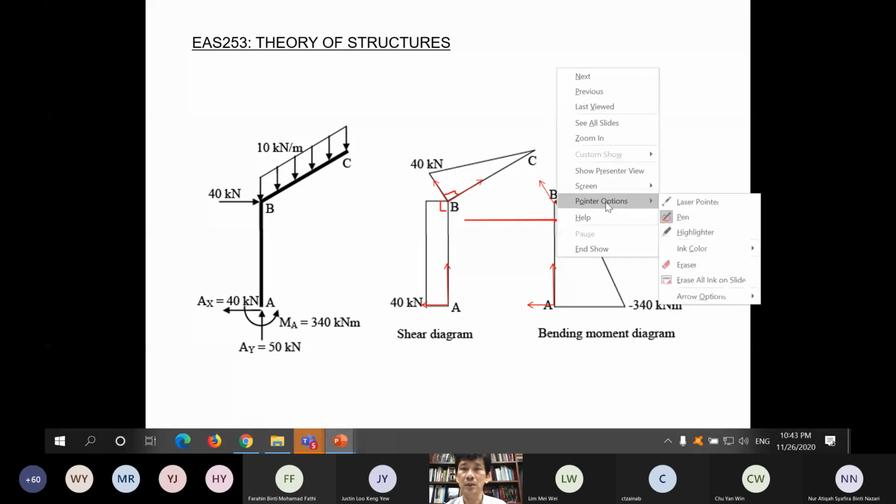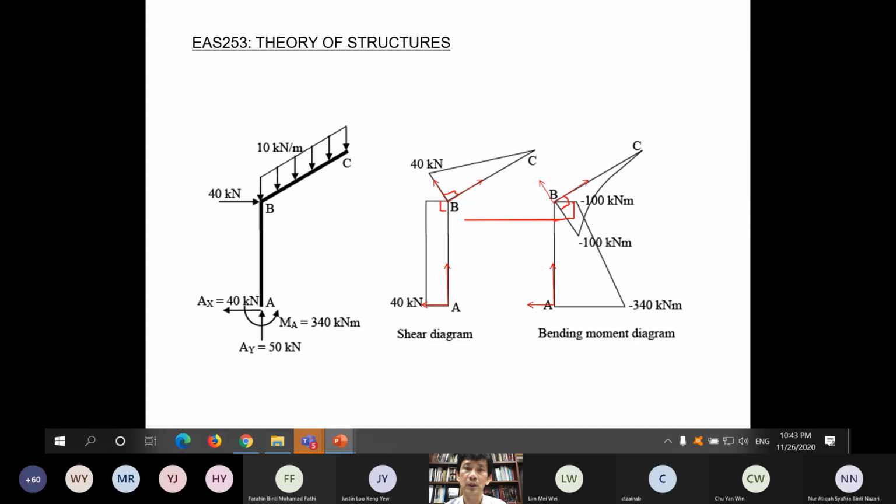So don't draw like this, which will not be correct. If you draw the bending moment diagram here, it should be 90 degrees. So don't draw like this, which is not 90 degrees to this member, or this part here you draw it like this, which is not 90 degrees, so it is not correct. It should be drawn 90 degrees to the member.